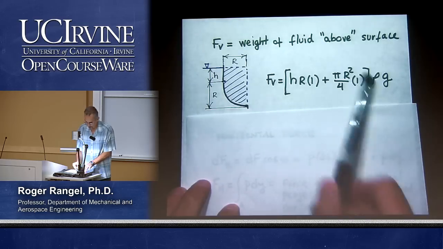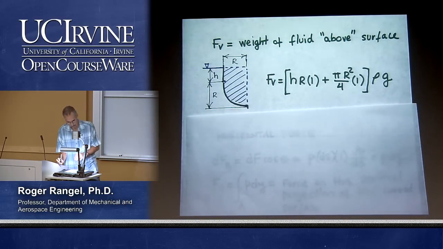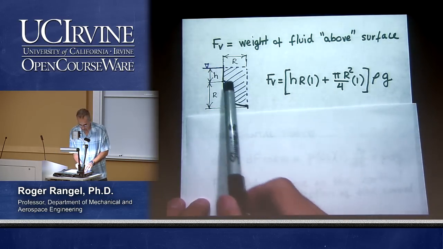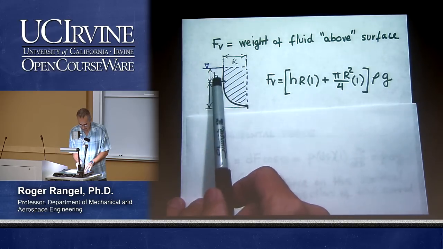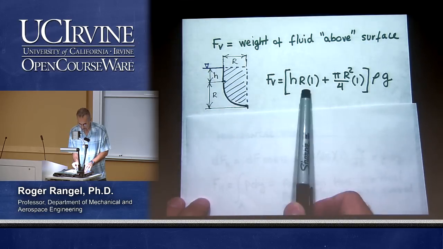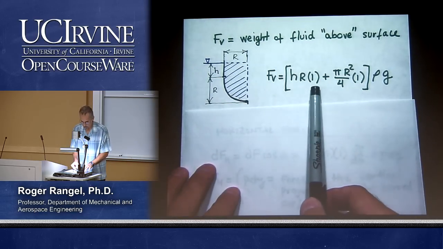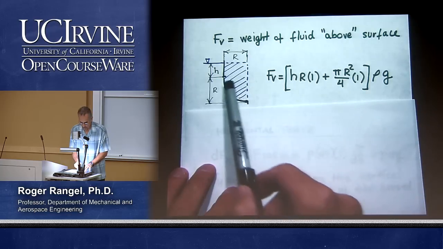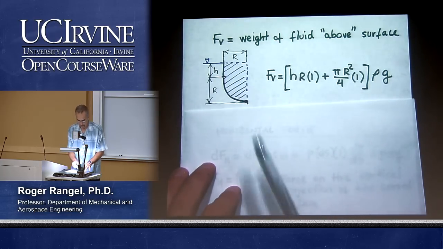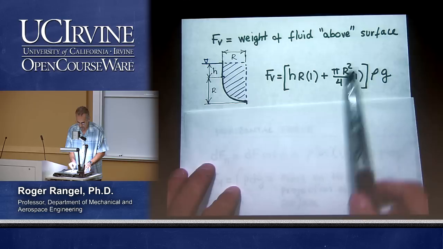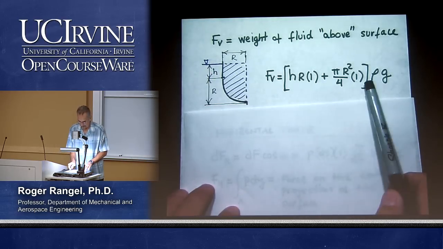So that volume is represented here in the square brackets. It would be the volume of the rectangular region represented by H times capital R, times 1 unit of width, plus the volume of the quarter-circle part, which is pi r squared over 4 times the unit width.